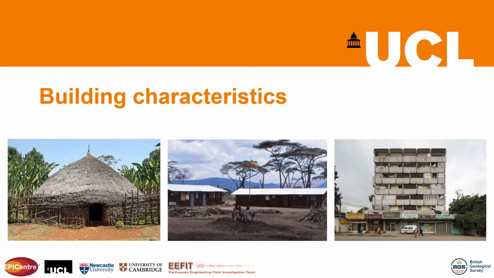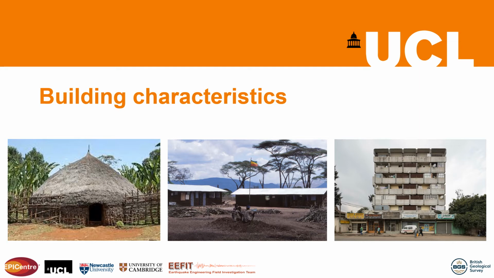In many places, these are being replaced by rectangular shaped, long span roofed, corrugated iron roofed buildings. But in slightly more urban areas, we have these multi-rise buildings. So three very different buildings, each with probably very different potential vulnerabilities to different hazards.